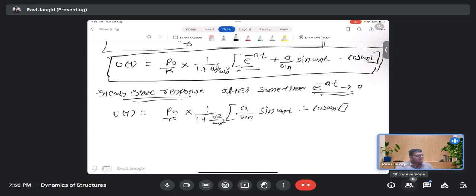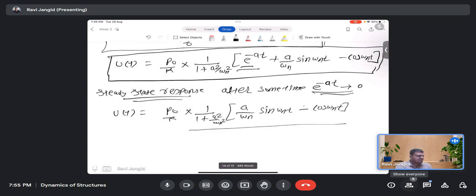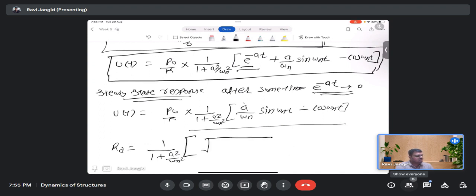So if I need to write the RD value, maximum response, that would be 1 plus a square by omega n square, and the maximum of this will be given by the square root of the sum of squares of this term, and that is the 1.